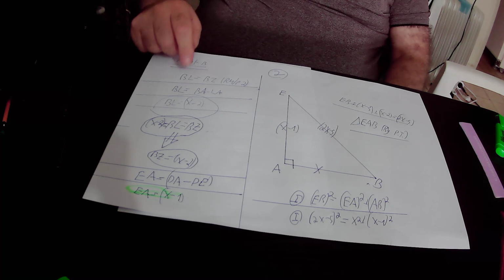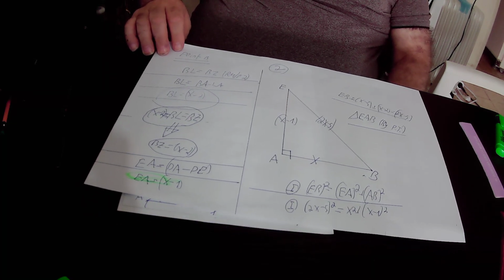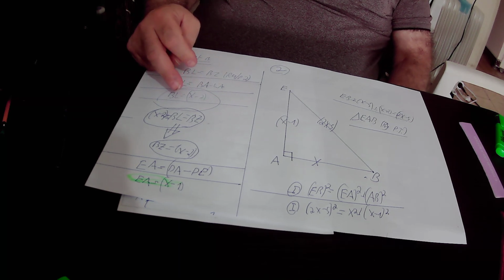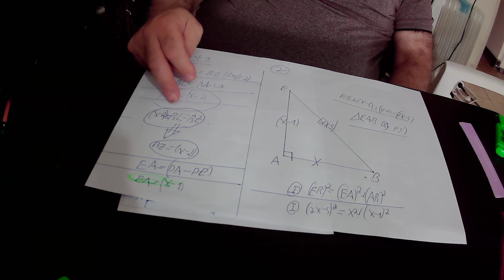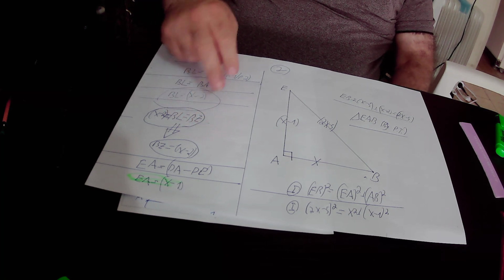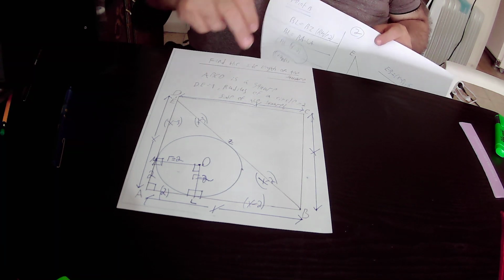So in conclusion, BL equals X minus 2. From one side, we know that BL equals BZ according to rule number 2. But from the other side, we just found that BL equals X minus 2. So from the equation X minus 2 equals BL equals BZ, we derive that BZ is also equal to X minus 2.